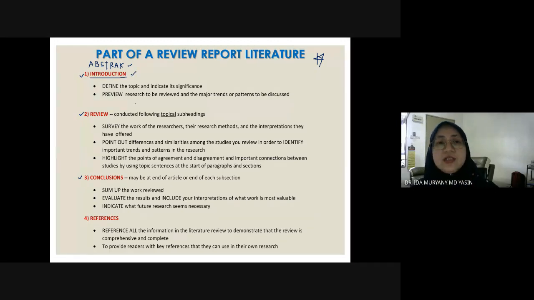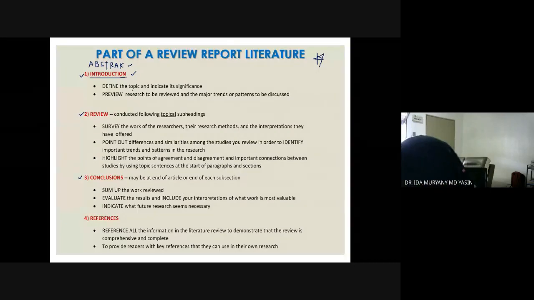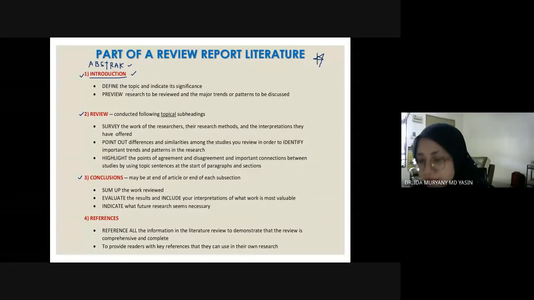Okay, introduction ni you kena define your topic. Okay kelas, purpose of your report tu kena very clear. Dalam introduction you kena ada objective you, and your objective is clearly introduced. Tolong sebab ada student yang dalam introduction dia dah panjang berjejela and then last dia come out with nothing, tak ada apa. Alright, so dalam introduction you dah kena define your topic, you punya significance of your research, why it is important to carry out.